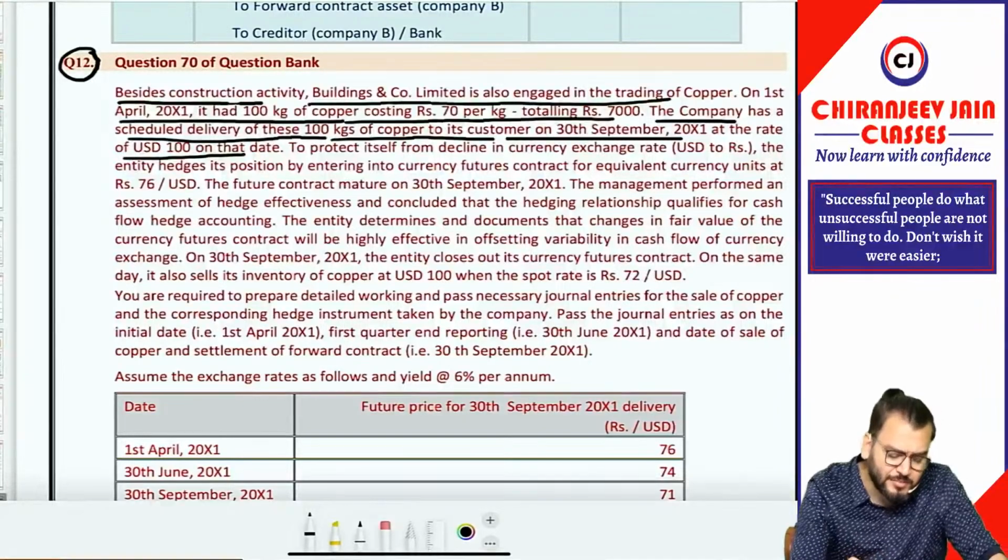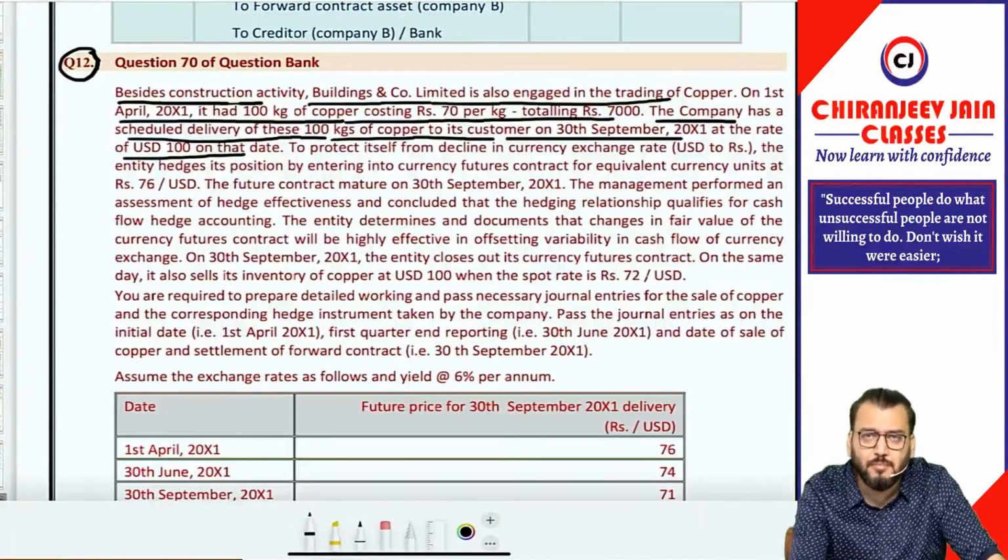So just try to understand. They have said scheduled delivery, but it means there is an expected sale of this copper. Whenever there is an expectation that we will purchase and sell in future, it becomes a highly probable forecasted transaction.